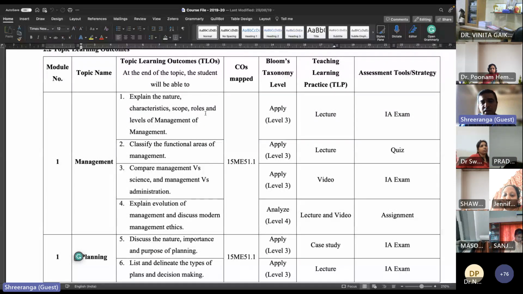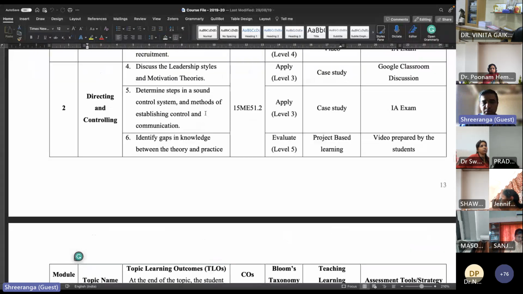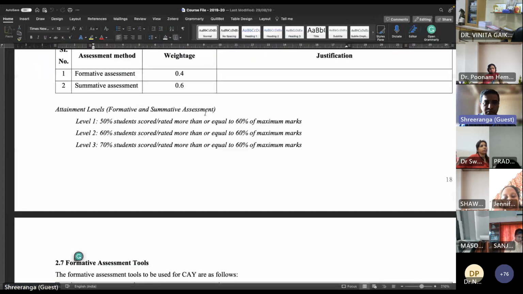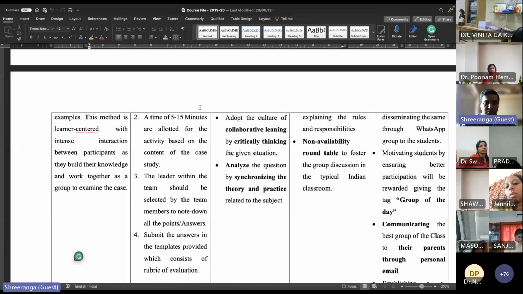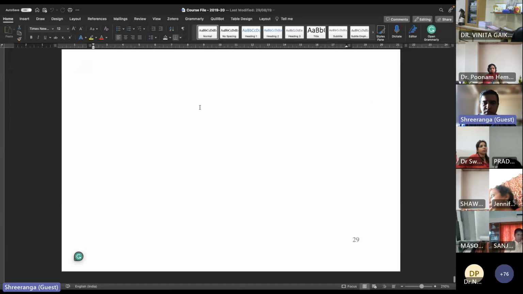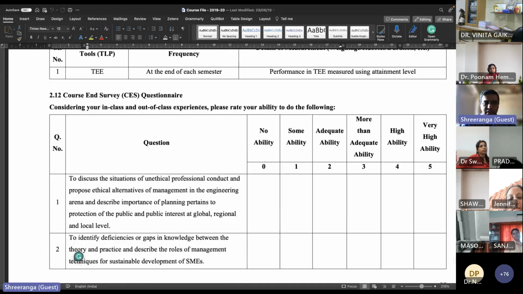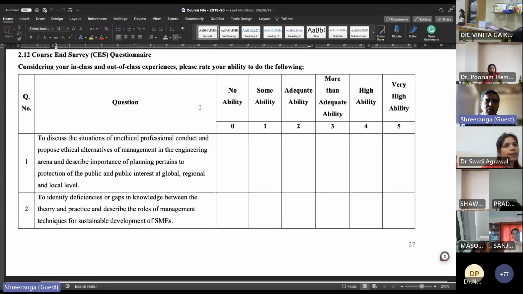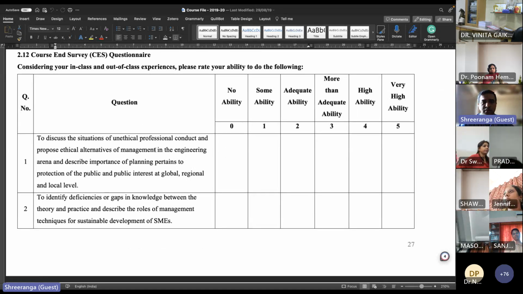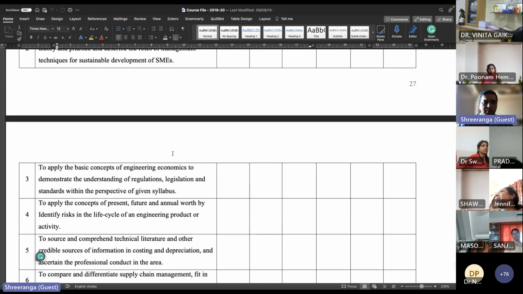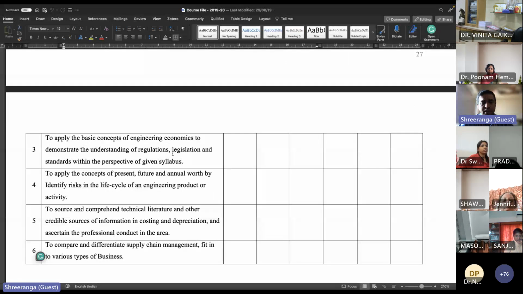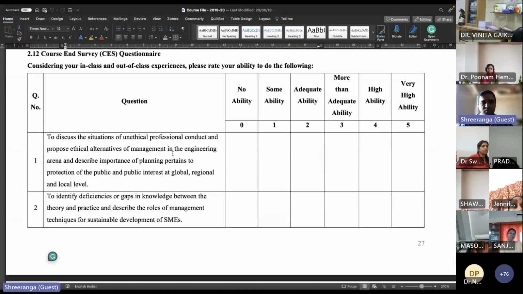So in this way, we are able to split the COs into TLOs. Then the last part, I'll also show you how we put it across in the form of gap calculation. Sorry, this is the course end survey questions. For every course, you can have course end survey questions, which are also going to become a part of your course file. Then you are able to pose them.